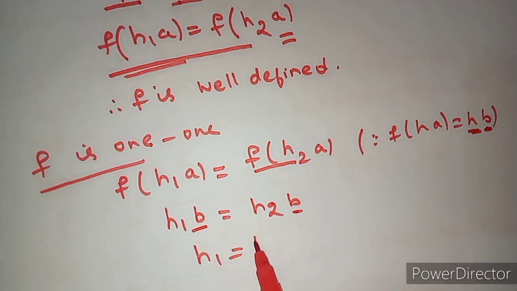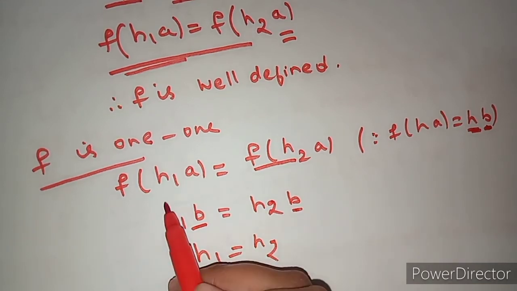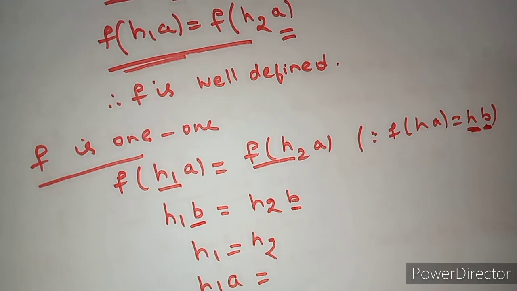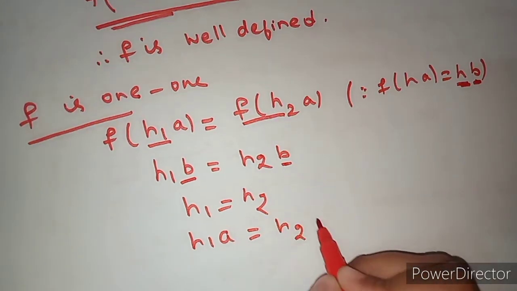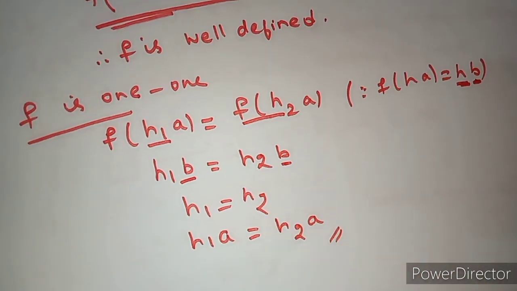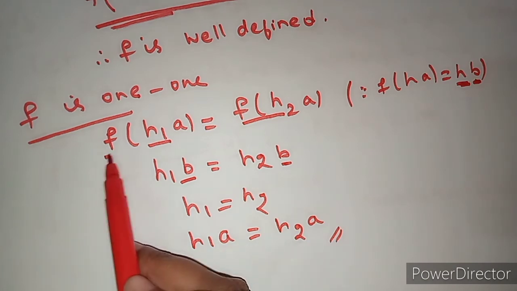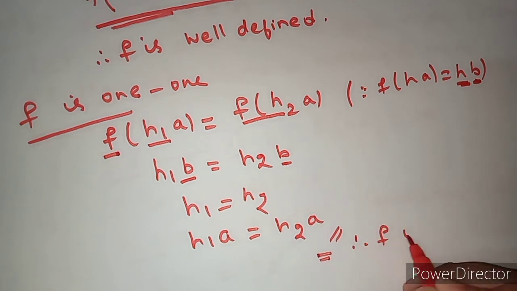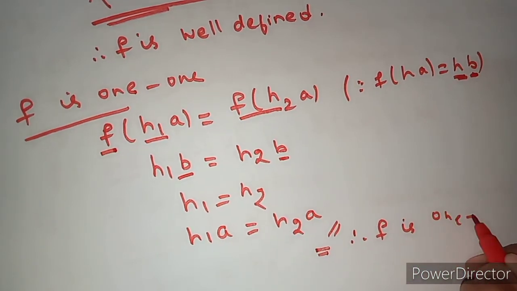Next, by the right cancellation law, these two b's get cancelled. So, h1 is equal to h2. Now, multiply a on both sides. h1a is equal to h2a. Now elements are same. I have taken images as same and I have got elements are also same. Therefore, f is 1-1.